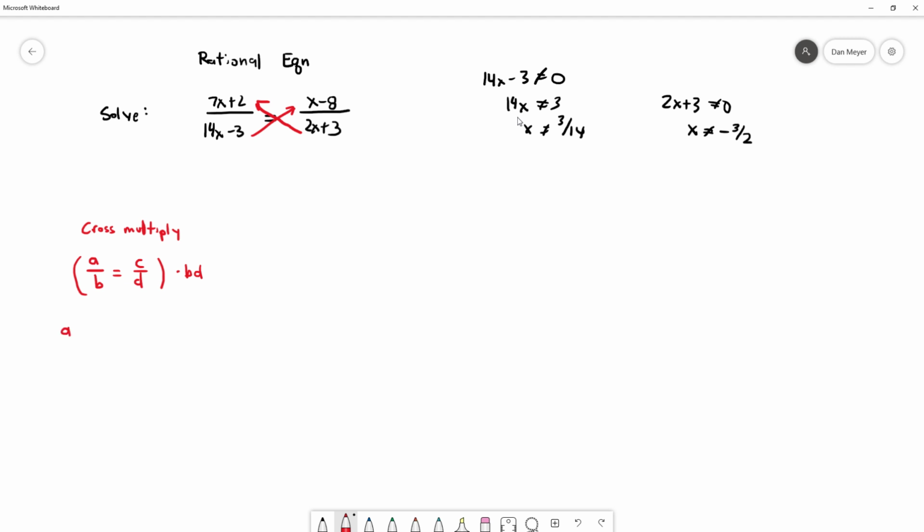So a over b times bd is equal to c over d times bd, and there's some cancellation. The b's cancel on one side, the d's cancel on the other, and the final equivalent equation is ad is equal to cb, like we knew. That's what you get when you cross multiply.